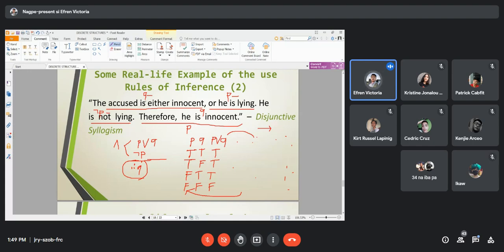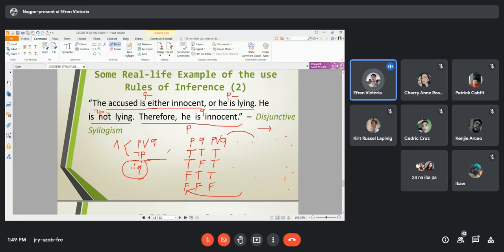Pinagpalit natin kanina, ito yung P, ito yung Q. So, nakita natin na magkaiba sila na hindi kailangan sa pag-select ng proposition dun sa argument, kailangan maselect mo ng tama. Kasi pag kinreate mo yung truth table, makikita mo na mali yung truth value na lalabas.